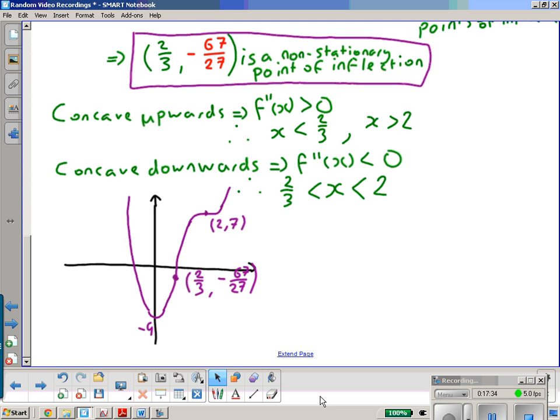If f double dashed at a point is negative, it means it's concave down, which means a stationary point would be a maximum. If f double dashed of x is equal to 0, we possibly have a point of inflection, but we need to check with a sign diagram to double check that it actually is a point of inflection.